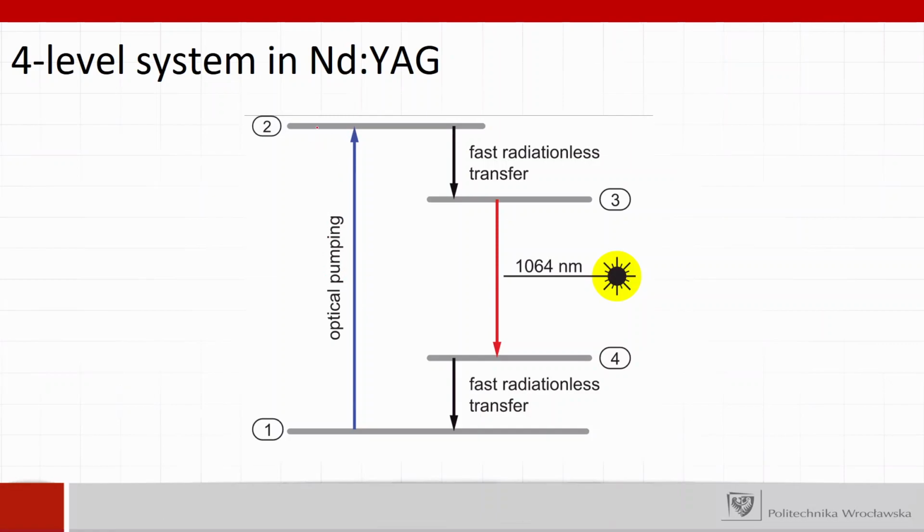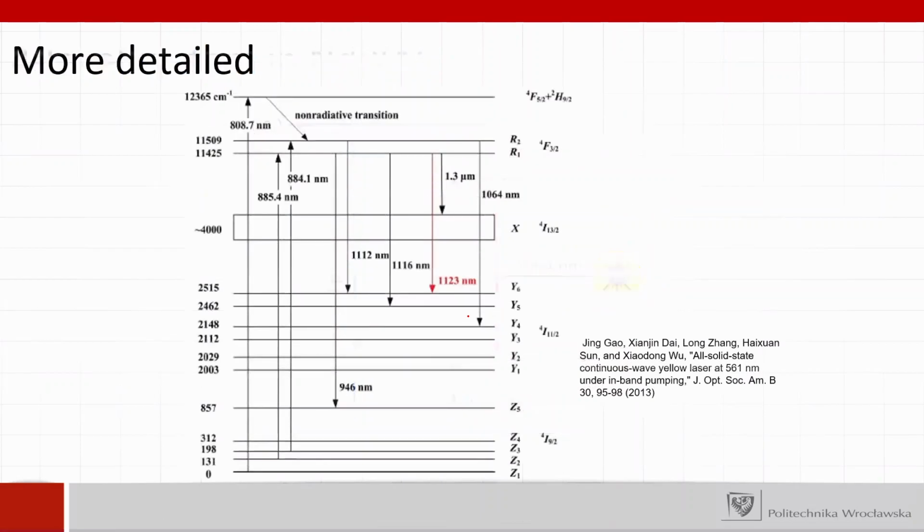We just pump this upper second level. We have some non-radiative transfer. Then we have the emission of light between levels 3 and 4. And then once again, we have some kind of decay to the ground state. If we look at that in more detail, there are of course many more transitions possible in neodymium ions, so we have many lines that can be used to achieve radiation at different wavelengths.